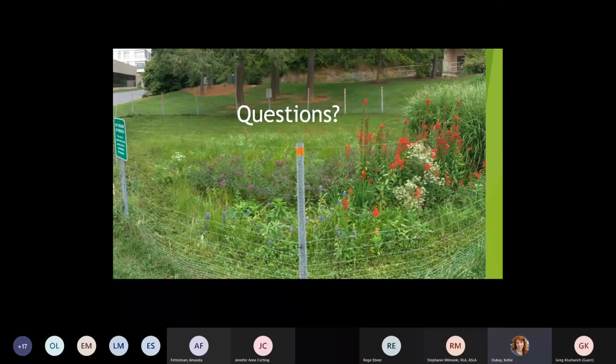This question: how can you control Japanese knotweed on the banks of streams? So I weed a lot. Invasive species removal is just a constant maintenance task.